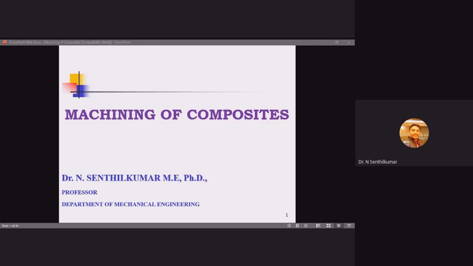But this is contrary to the formation of composites. If I add two materials, the two materials will remain as they are. There are no intermetallic compounds. So when I add aluminum alloy and any ceramic or even fibers, the fibers may be synthetic fibers or natural fibers, whatever it is.